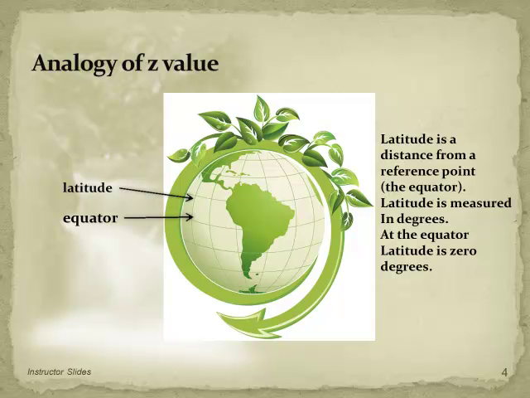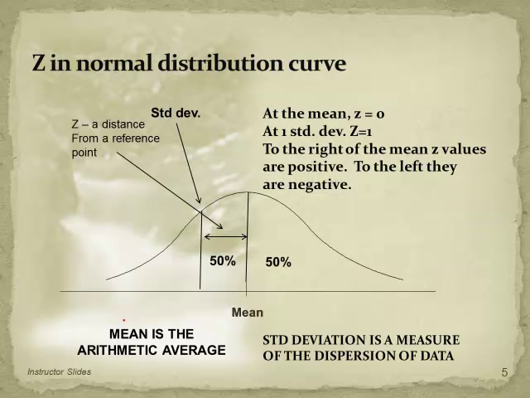So taking that analogy and carrying it forward to the normal distribution curve, the z-value, which we talk about in the normal distribution curve, is the equivalent to latitude. It is a distance away from a reference point, except the reference point in this case is the mean. So how far away from the mean is a certain percentage of the data?